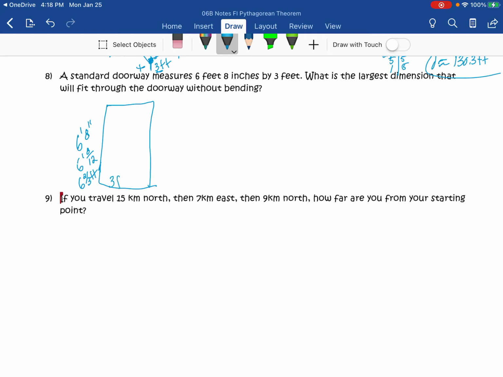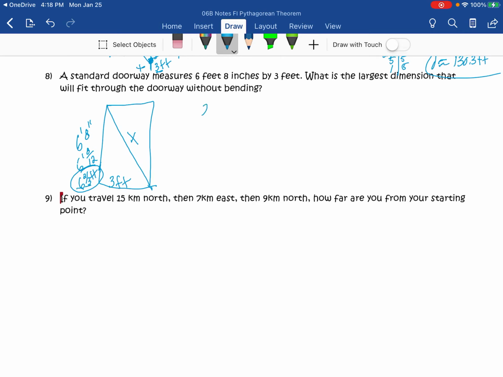The doorway measures by 3 feet, and it's asking what's the largest dimension that will fit through the doorway without bending. So I'm trying to find this right here. I'm going to use the 6 2/3 feet because we want it in simplest radical form.